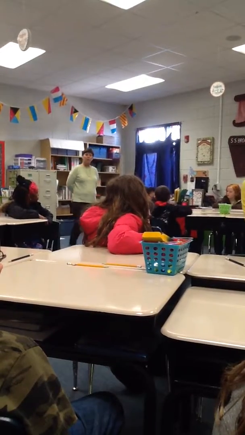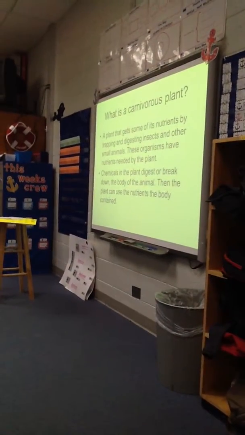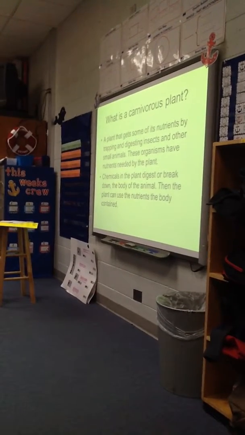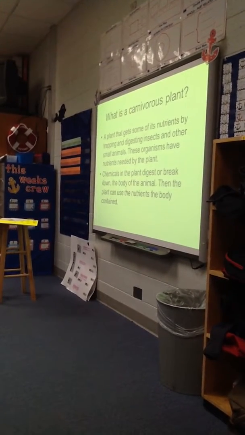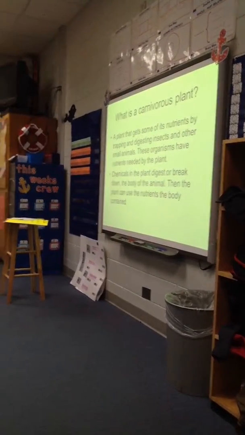That's what we're going to learn, and then we're going to make one. It says in the second part, chemicals in the plant digest or break down the body of the animal. Then the plant can use the nutrients the body contains.